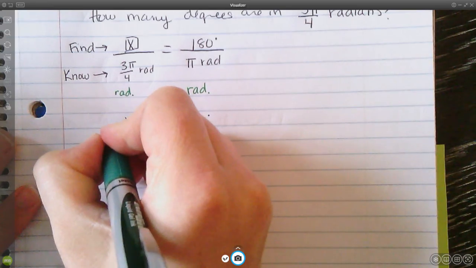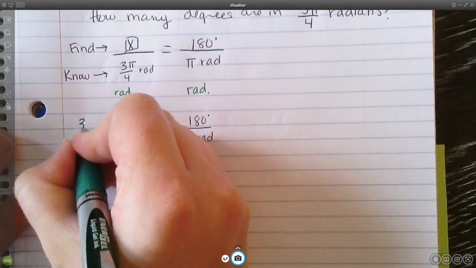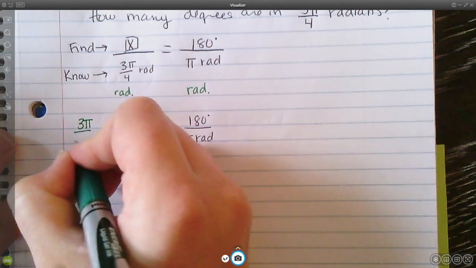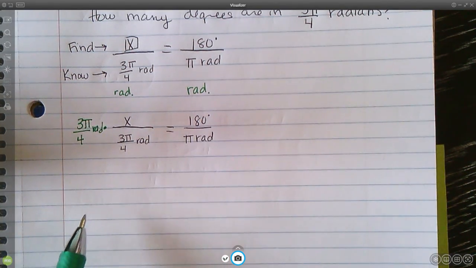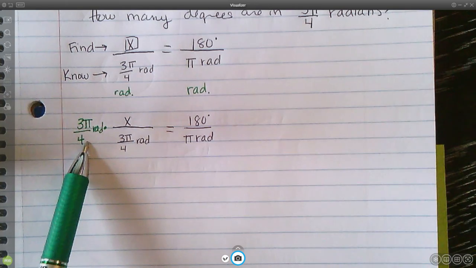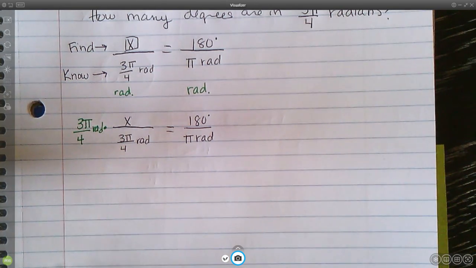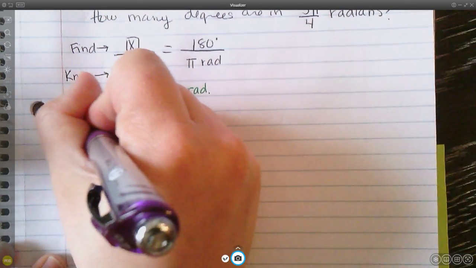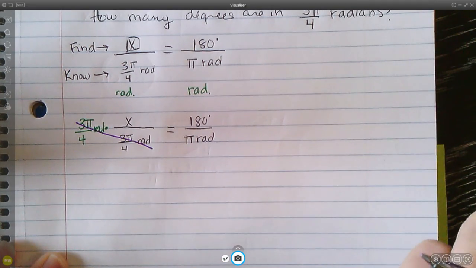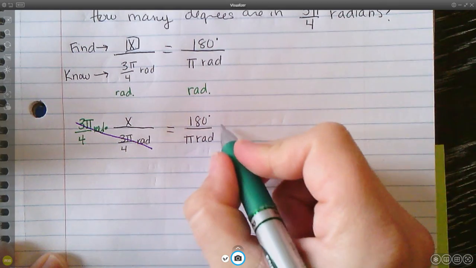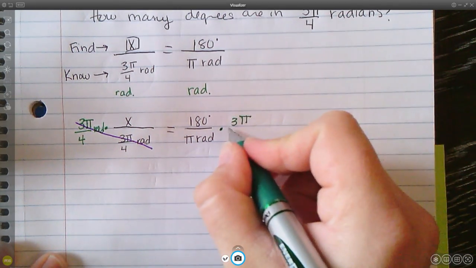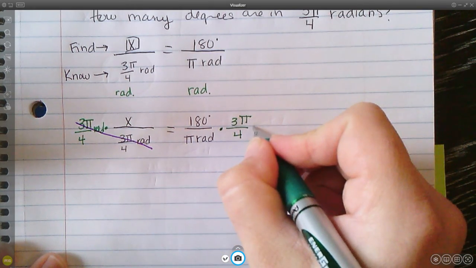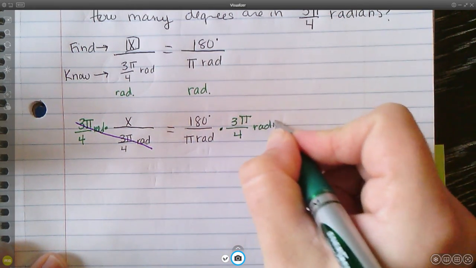So I'm going to multiply this side by 3 pi over 4 radians. What was the purpose of multiplying by 3 pi over 4 radians? Well, these two things are going to cross out. All of this is going to cross out. And then I need to multiply this side by 3 pi over 4 radians.